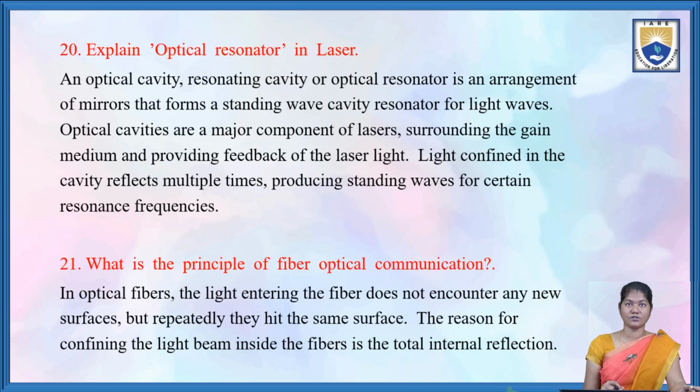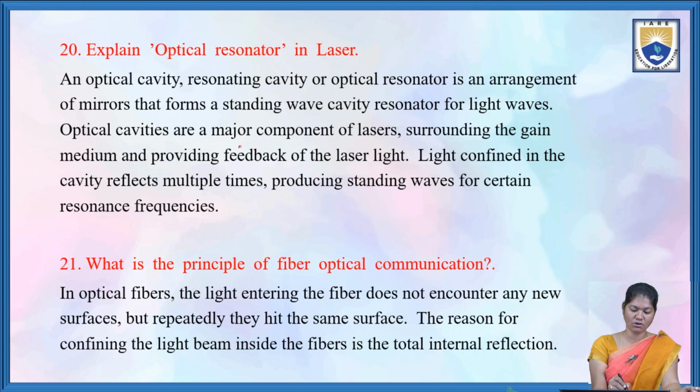Explain optical resonator in laser. One of the components in the laser, along with pumping, is the optical cavity, also called a resonating cavity or optical resonator. It is an arrangement of mirrors that forms a standing wave cavity resonator for light waves.